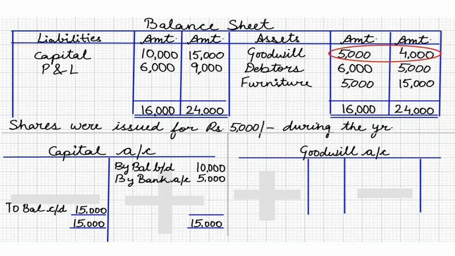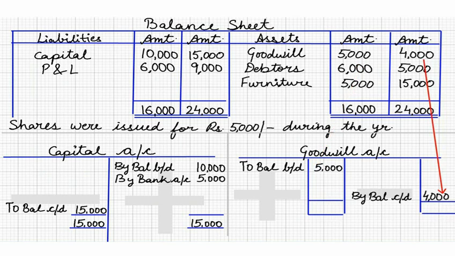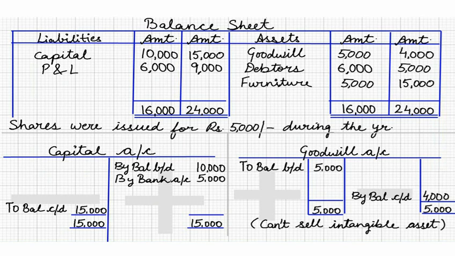Now goodwill 5,000 and 4,000. You better prepare a goodwill account. You know, goodwill is an asset. So on the debit side, to balance b/d 5,000. On the credit side, by balance c/d 4,000. Now where is the goodwill of rupees 1,000? Last year it was 5,000, now it is 4,000. There is no depreciation on goodwill. This is an intangible asset, and you can't sell intangible assets if your business is going on. So what happened to this goodwill? It has been written off.